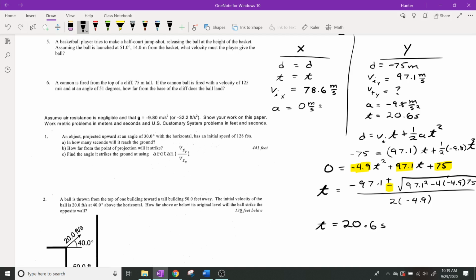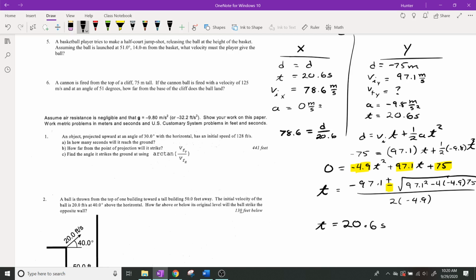So you found the distance straight from that? I guess you can, because we have the velocity. And if we have the time now, it's just distance over time for the horizontal speed. So we're going to go 20.6 seconds. And then our velocity, 78.6 meters per second, is equal to some distance over 20.6 seconds.